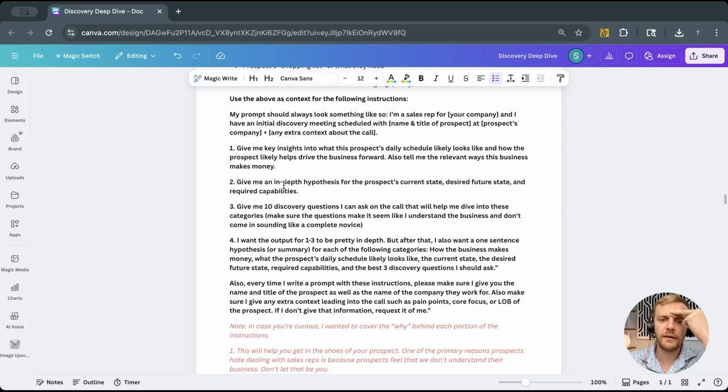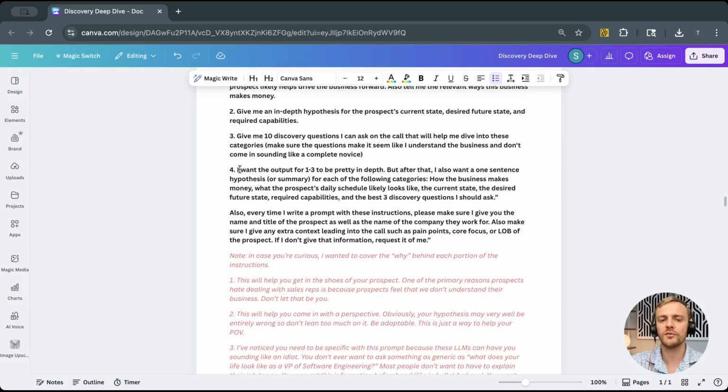Then you want to ask it for an in-depth hypothesis for the prospect's current state. This is just a hypothesis, but their current state, future state, and RC, required capabilities. Then 10 potential discovery questions that you can ask, and then 4 is just a summary of all these things.